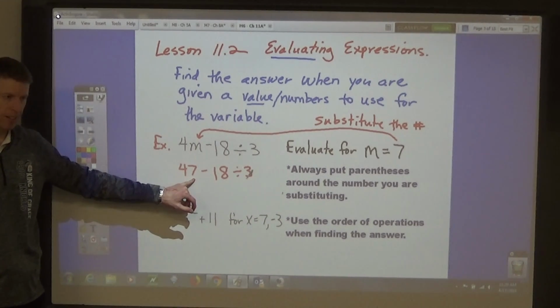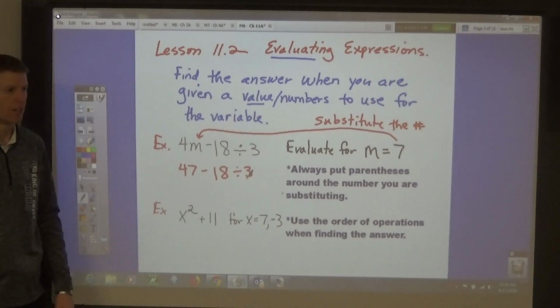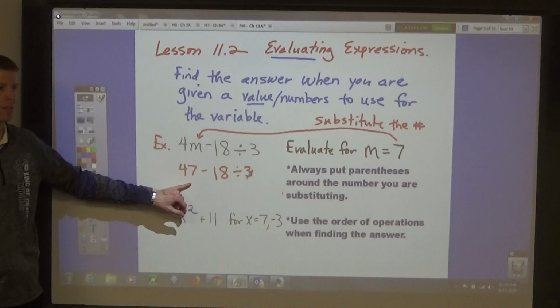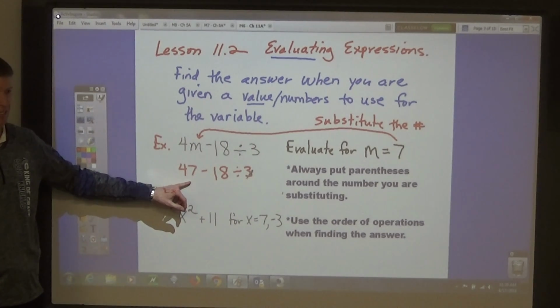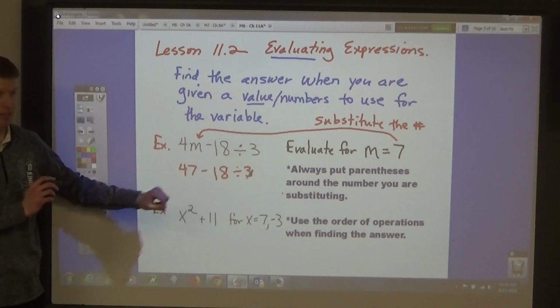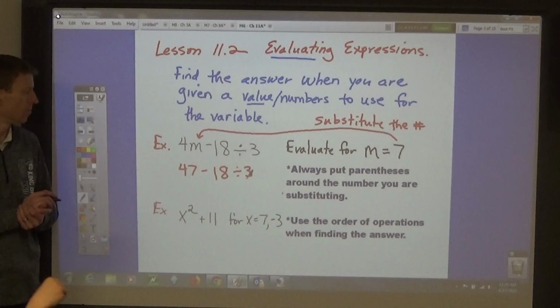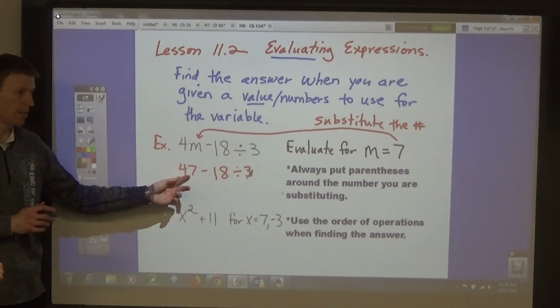What does it say? 47. So what is it missing? What should we put in between there? Well, there's nothing in between them now.